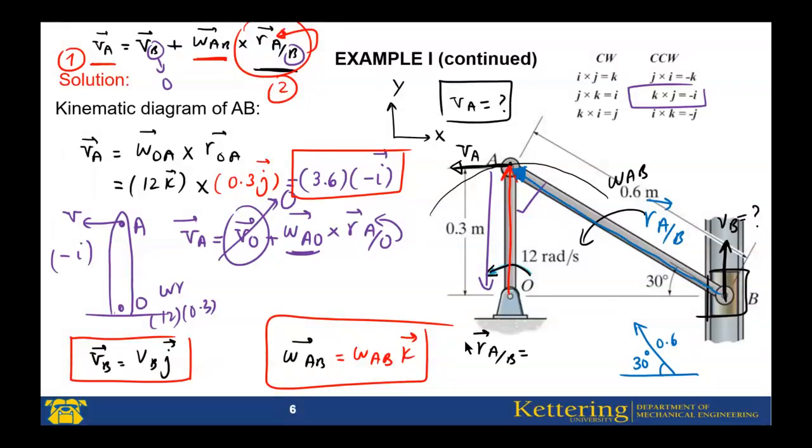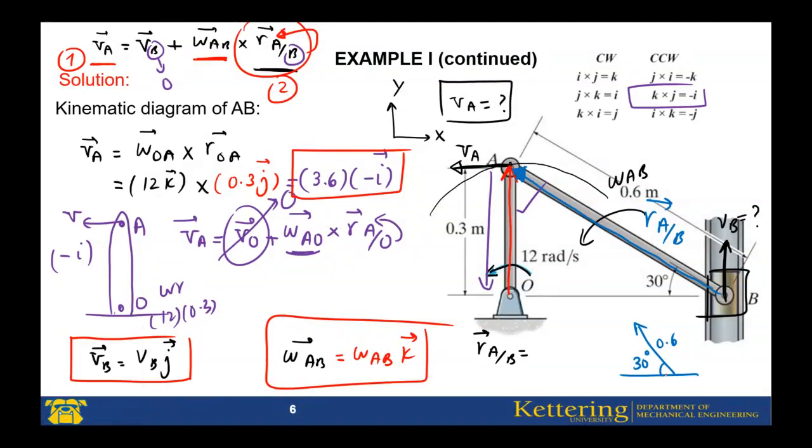How can I write this vector? Yes, break it down into a sine and cosine. 0.6 cosine 30 times negative i, and then 0.6 sine 30 j. Yes, exactly. Correct.